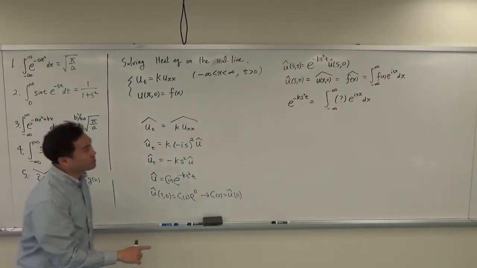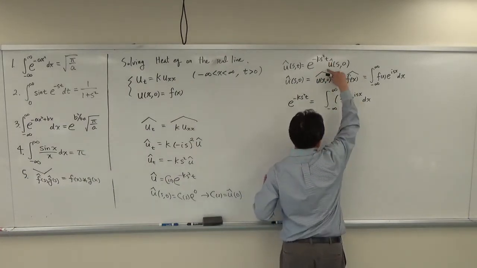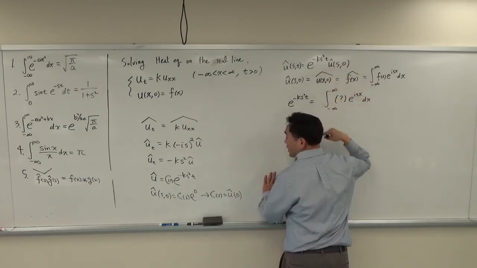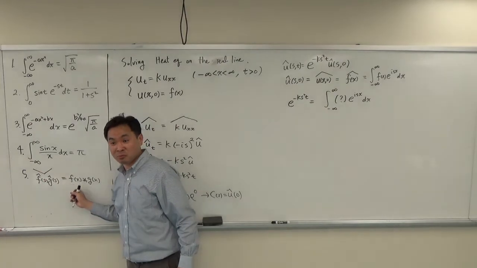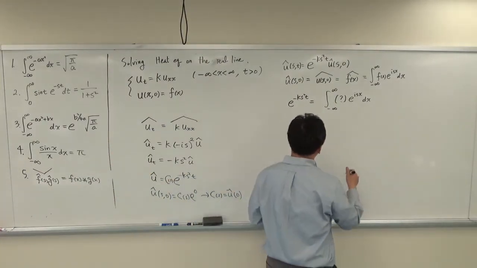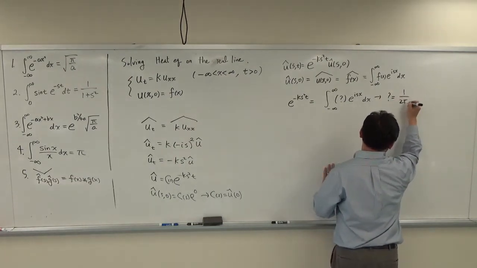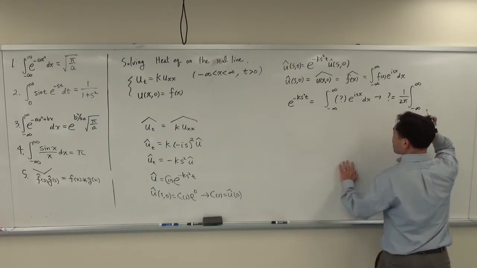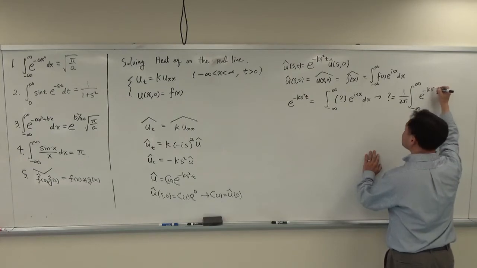If I can represent this side as a Fourier transform of something, and this is already a Fourier transform, then I know what u is, because to get u I just have to do an inverse transform, and it must be a convolution. That's what we're trying to do. And to get that, the question mark must be the inverse transform. The nice thing about the Fourier transform is that we do have the inverse transform, so we can use it.